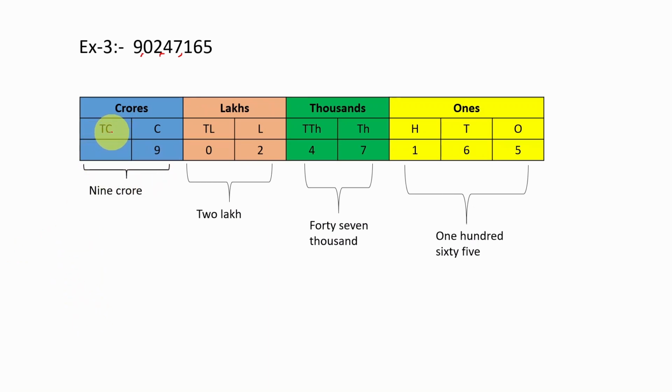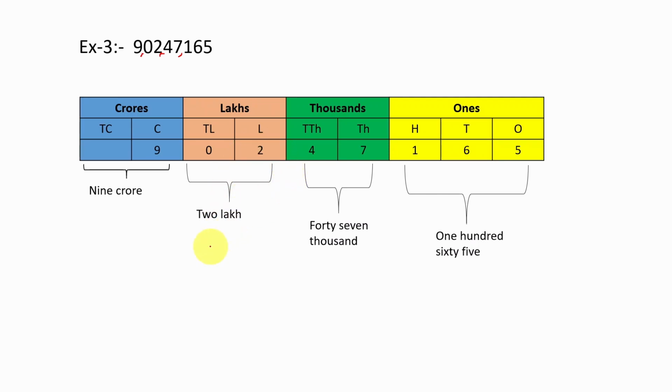Here 10 crores, there is no digit in 10 crores place. In crores place there is 9. So 9 crore. In 10 lakhs there is 0. In lakhs period there is 2.